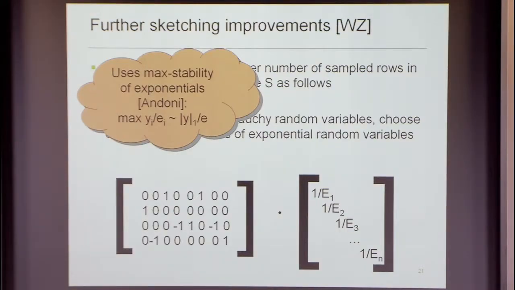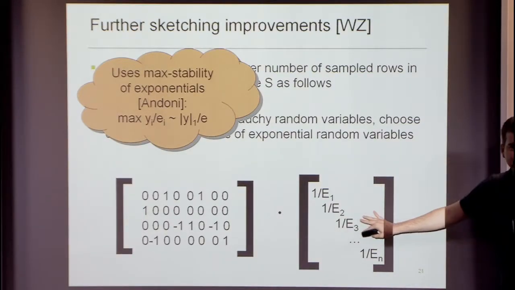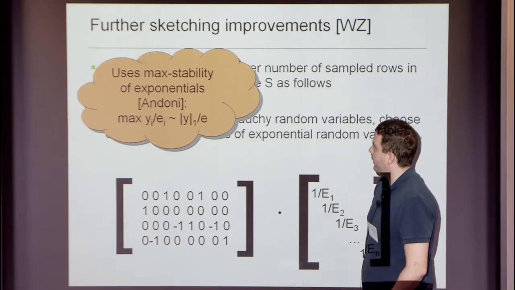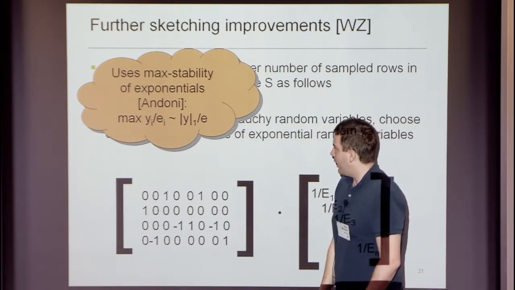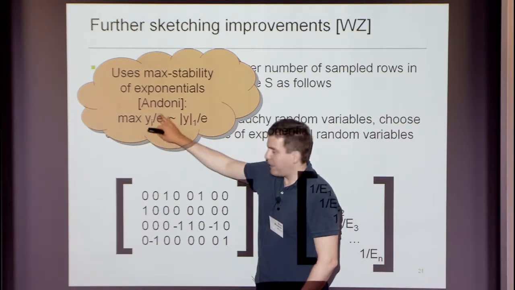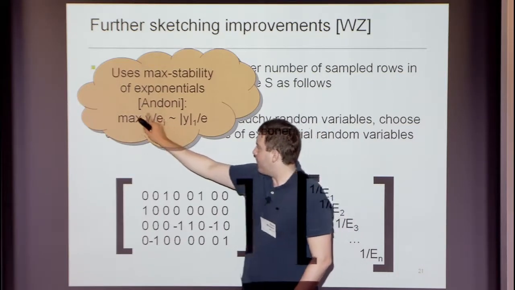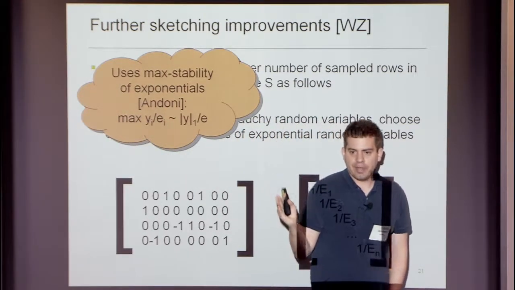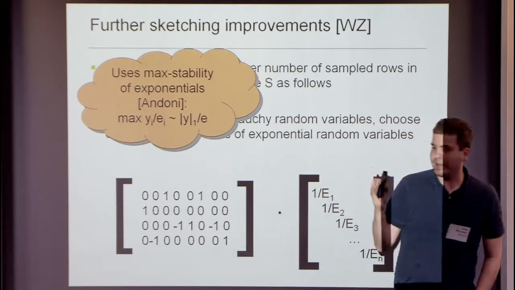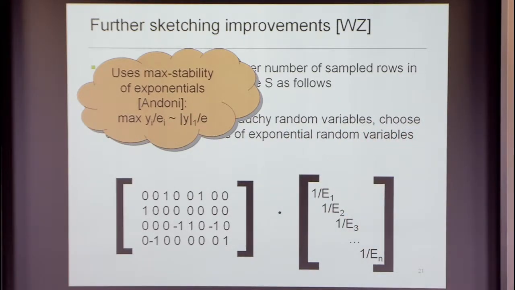And this uses a nice stability property about exponential random variables that was inspired for us by work of Andoni, which is that if I take scalars y_i and independent exponentials e_i, then the maximum of y_i over e_i is equal in distribution to the one norm of y over an exponential. So it's max stable in this sense.